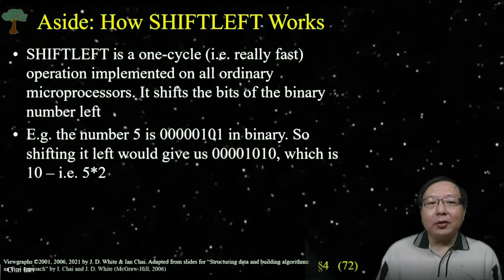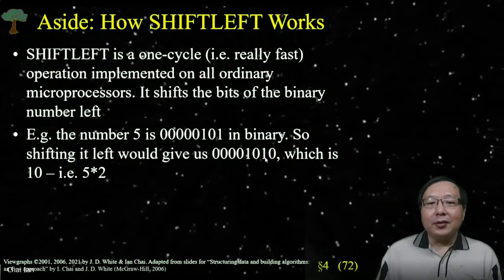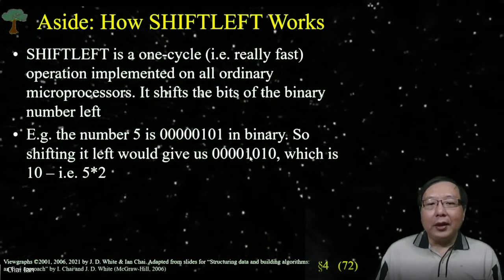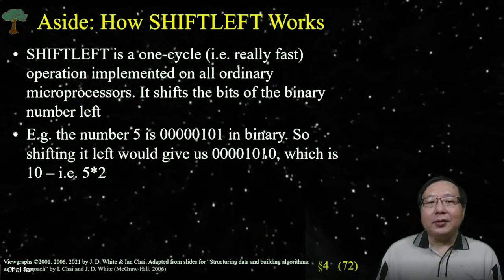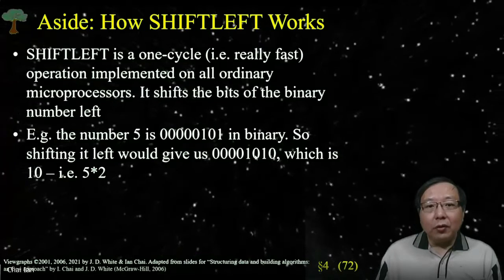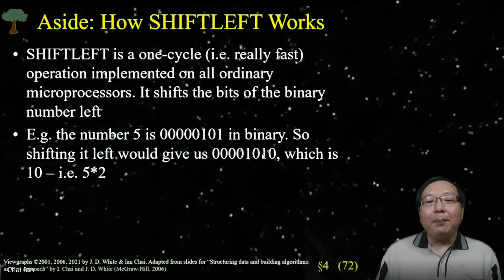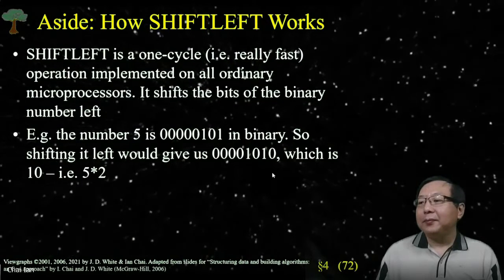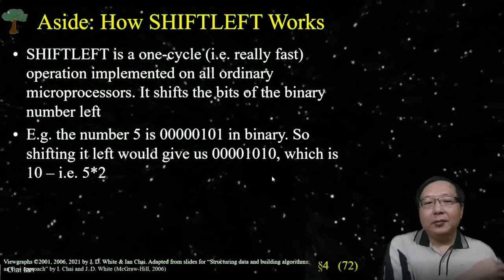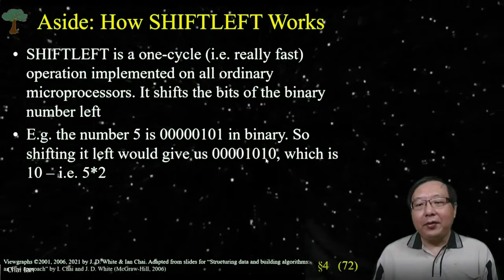So 1, 2, 4. So 4 plus 1 is 5. Whereas this is 2, 4, 8. 8 plus 2 is 10. Okay. So doing this kind of operations is very fast in the processor.